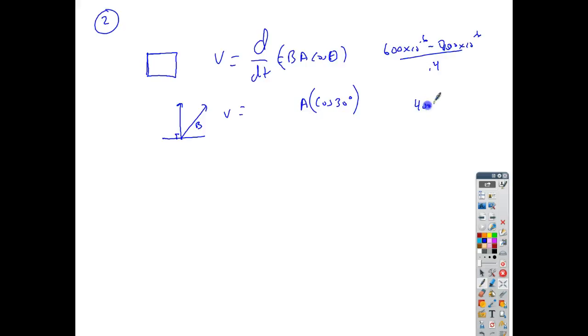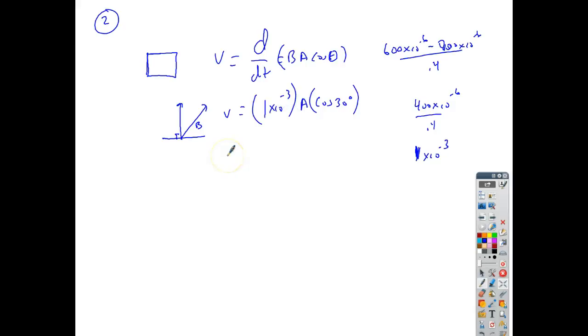So that's 400 times 10 to the negative 6 over 0.4, which is 1 times 10 to the negative third.